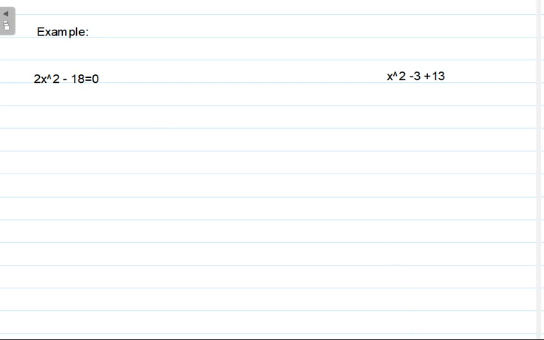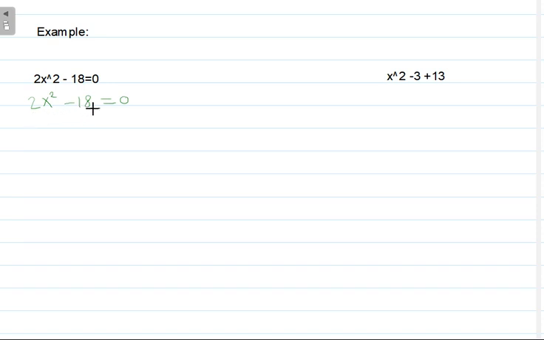When b, the coefficient of x, equals 0, then I have only the x squared and the c. I have here 2x squared minus 18 equals 0.